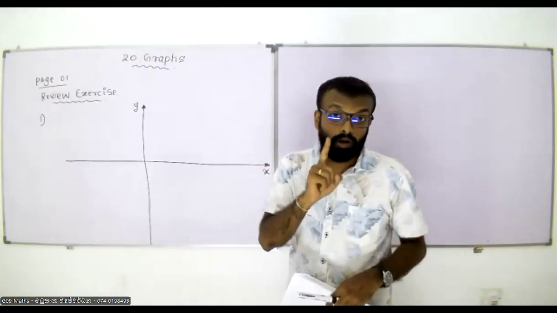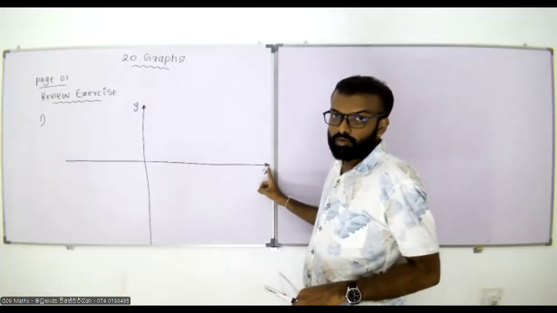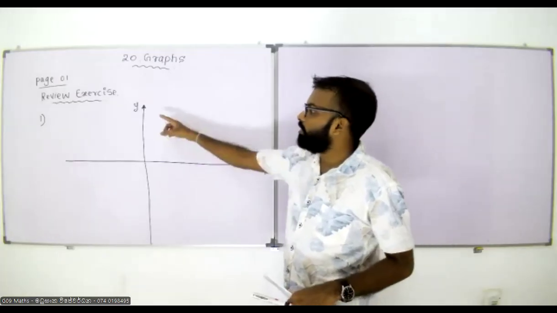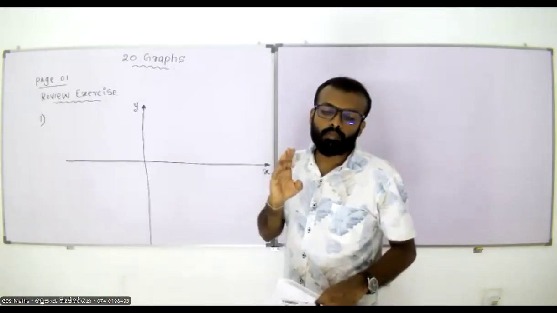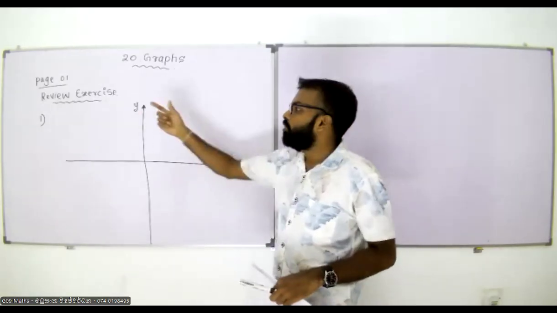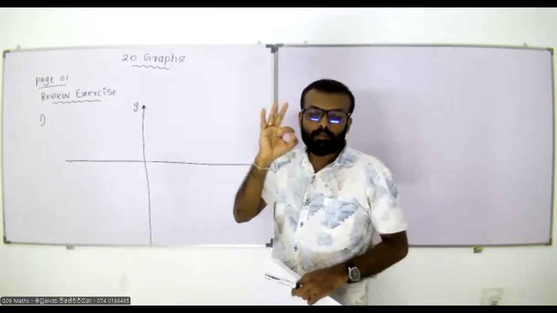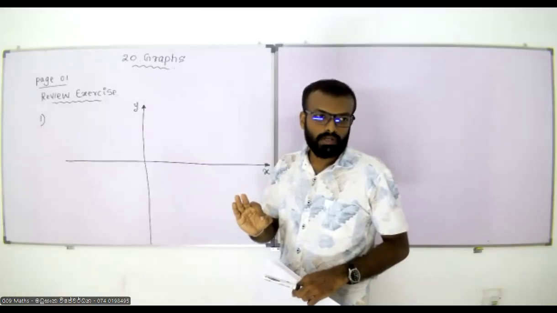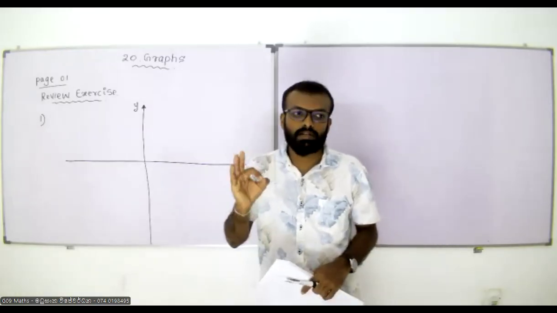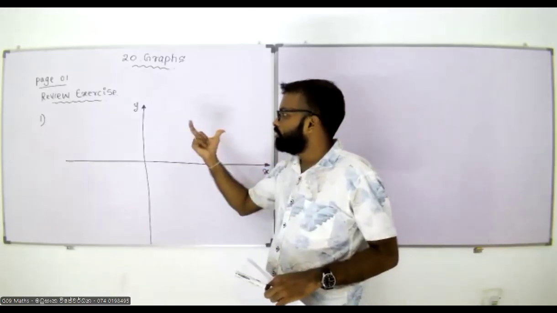And don't forget to mark this arrow and this arrow on the x-axis and the y-axis. If you don't mark one of these things, x, y, or the arrows, your Cartesian plane is wrong. It's not up to the standard.